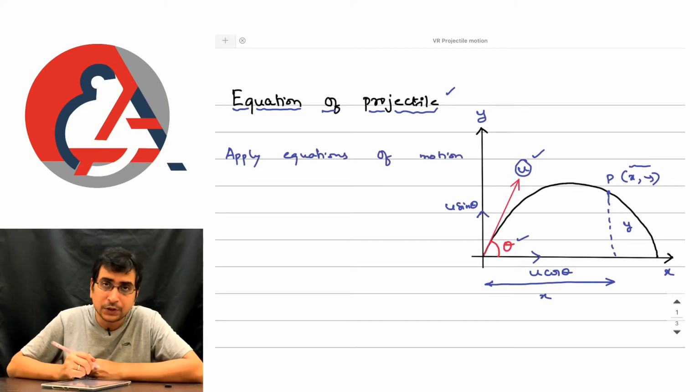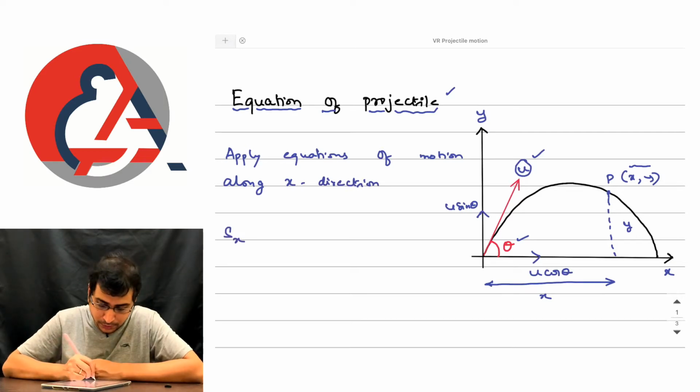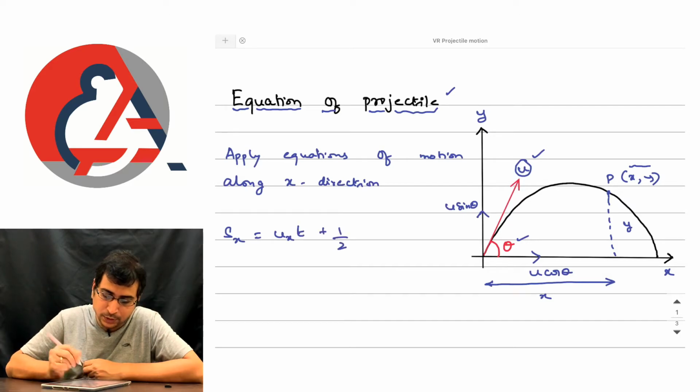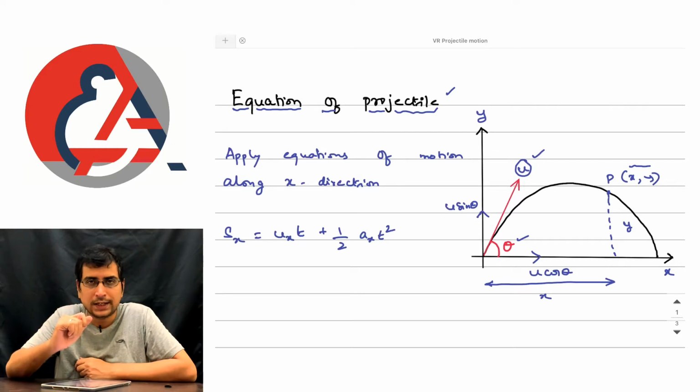When I apply equations of motion along x direction, the displacement of the particle along x direction is given by the expression ux into t plus half into ax into t square. I am applying s = ut + ½at² along the x direction.